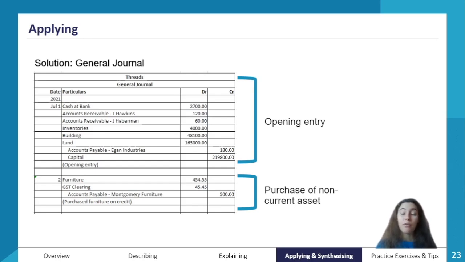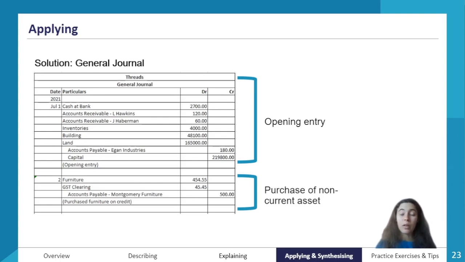It can also have debts that it owes, so accounts payables, and people who owe the business money, with accounts receivables as well. And then always remember that the capital is the other credit that you need to record. So you need to record all of the debits plus any credits like accounts payable.